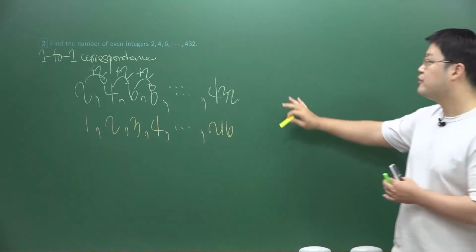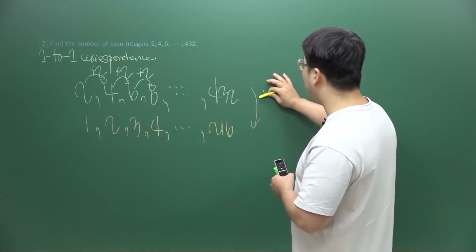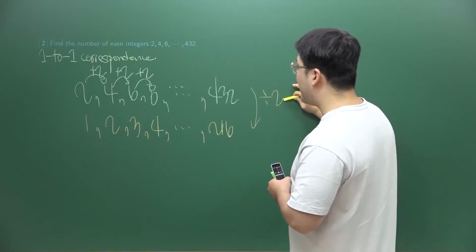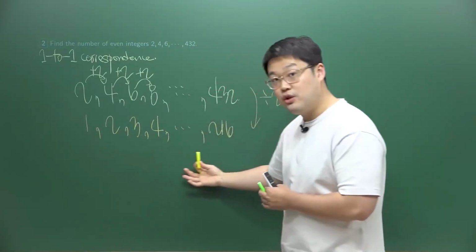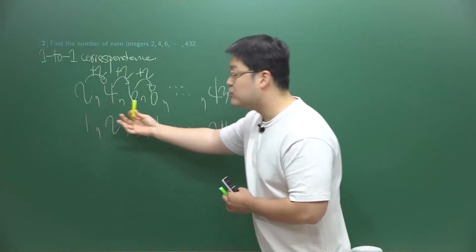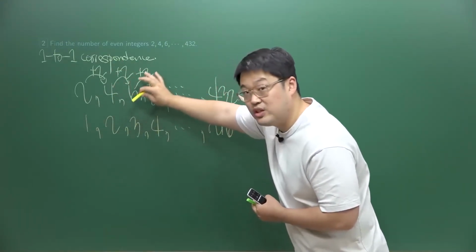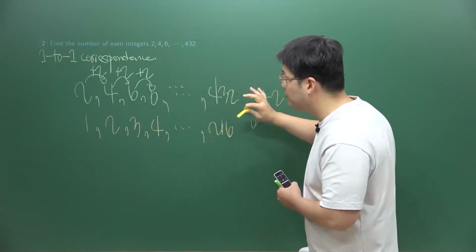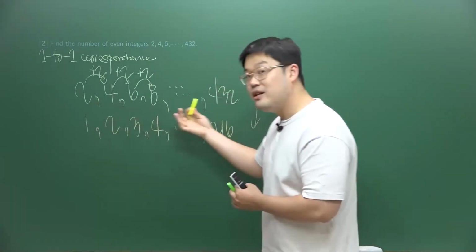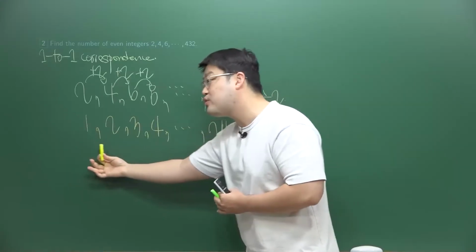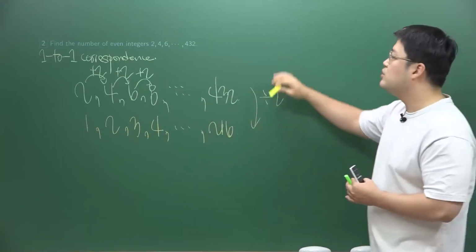You see, after dividing by 2, we automatically get the numbers in the bottom list, and the top and bottom lists have a one-to-one correspondence between respective numbers. So the number of integers in the top list is exactly equal to the number of integers in the bottom list. We have 216 numbers.